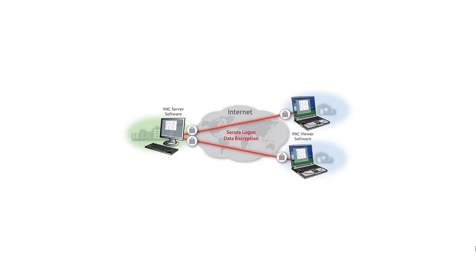Step number 5, enable VNC. VNC is also known as Virtual Network Computing. It's a graphical desktop sharing system that allows you to log in to your Raspberry Pi or any other computer you have on your network from another computer on your network.